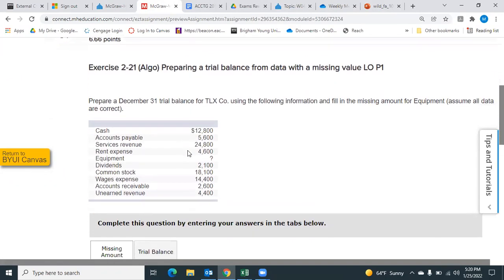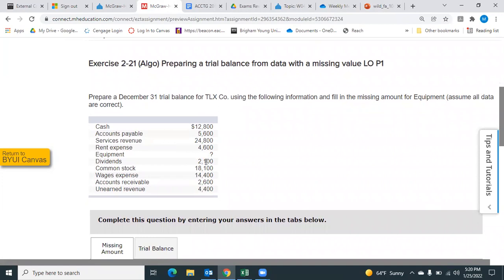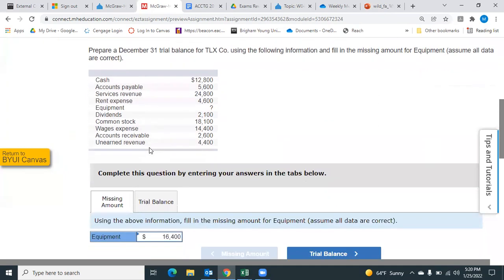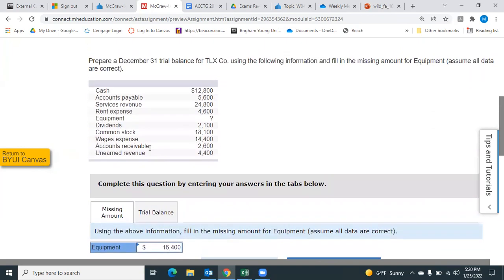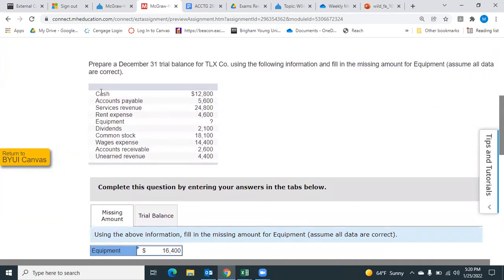All right, so they're asking us to prepare a trial balance, and they're leaving off equipment. The trick behind this is we know that our assets have to equal our liabilities plus our equity, because that's the basic accounting equation. For me, because I forget things easily, I start by labeling each one of these.